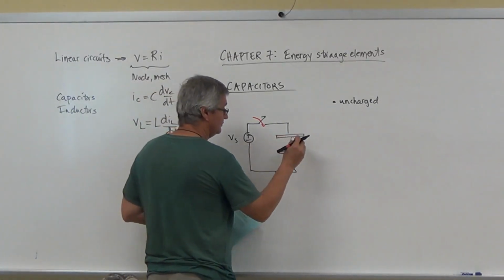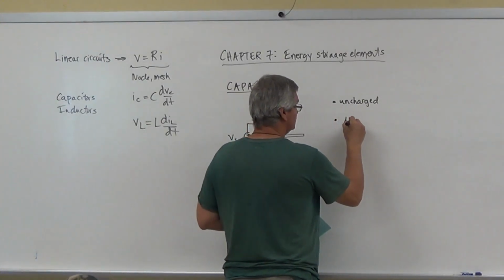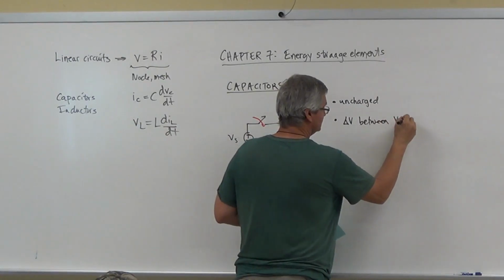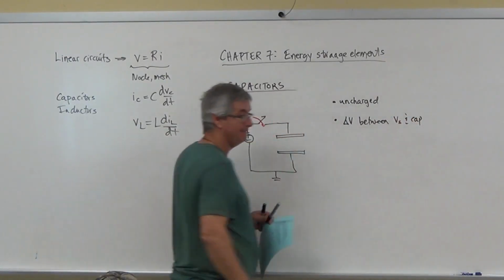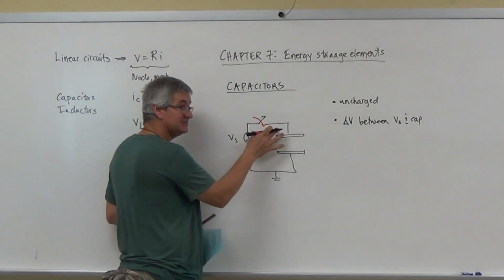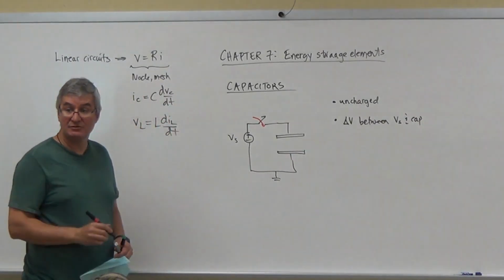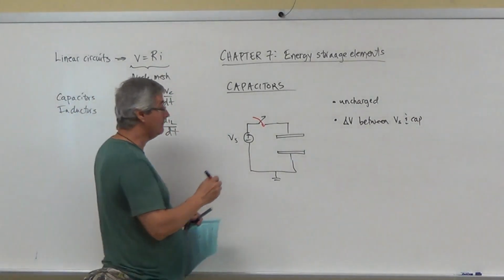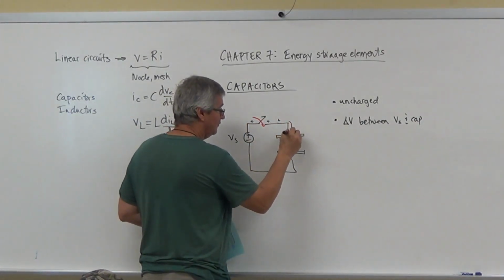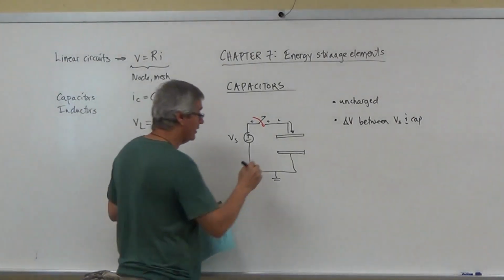As current starts to flow, there's a potential change between Vs and the cap. So if I look at this plate right here, and we use the standard model for current flow, I'm getting positive charge to flow onto this plate. Now, when I think about caps, what do I know about caps here?